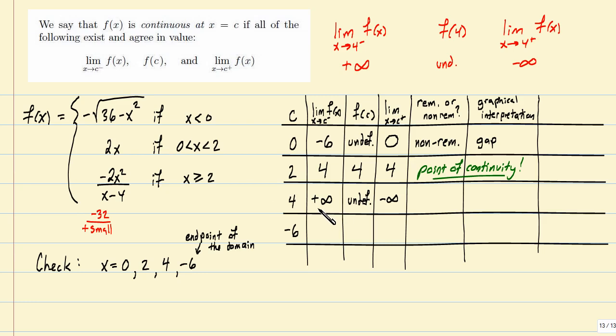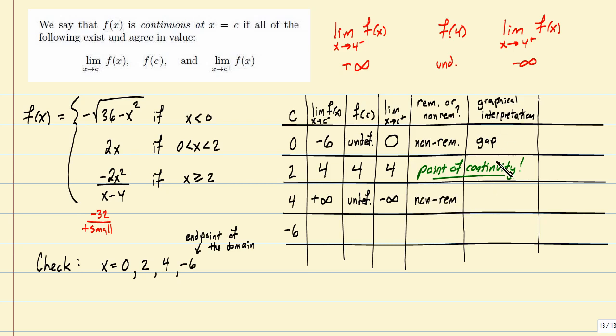And further, because the one-sided limits were infinite, we have the presence of a vertical asymptote. So, is it removable or non-removable? Again, this depends on whether or not the limit exists. The limit certainly does not exist because it involves infinity. So this is definitely non-removable.